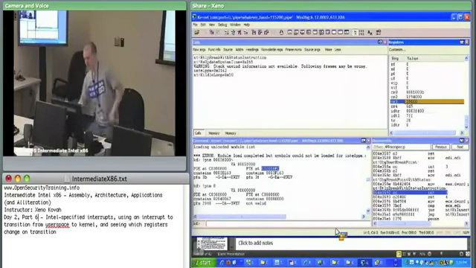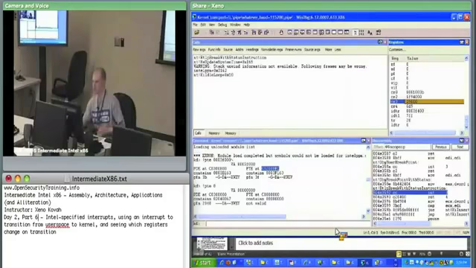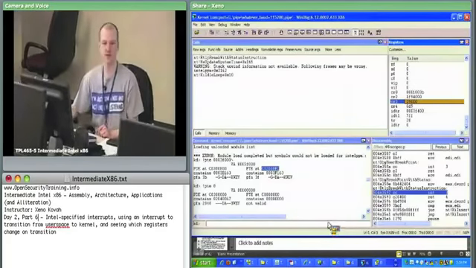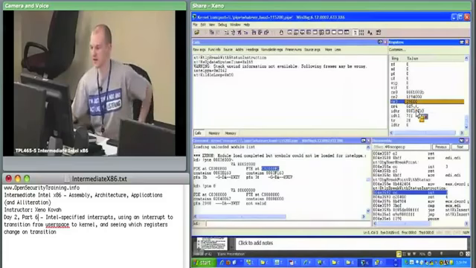All right. Here's what we're going to do. First of all, we're going to find the task register in the registers window off to the side. There it is. It's at the bottom.